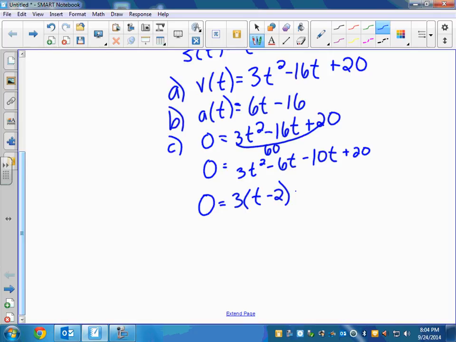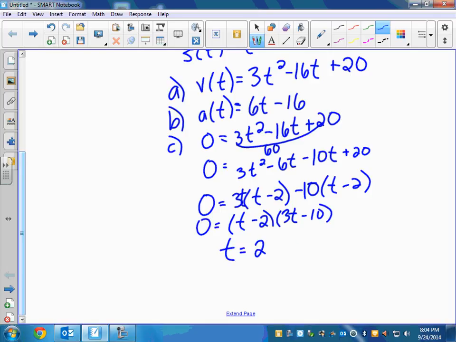So do my lovely factor by grouping. Oh, that should be a 3t there. 3t minus 10. So I get at 2 seconds and at 10 thirds, or 3 and 1/3 seconds, is when the particle is at rest.